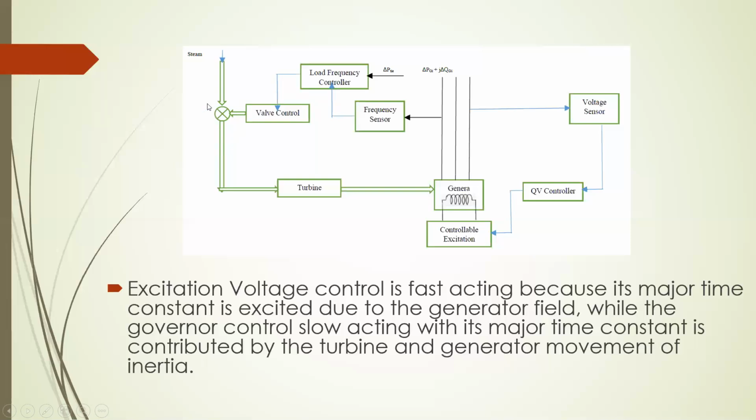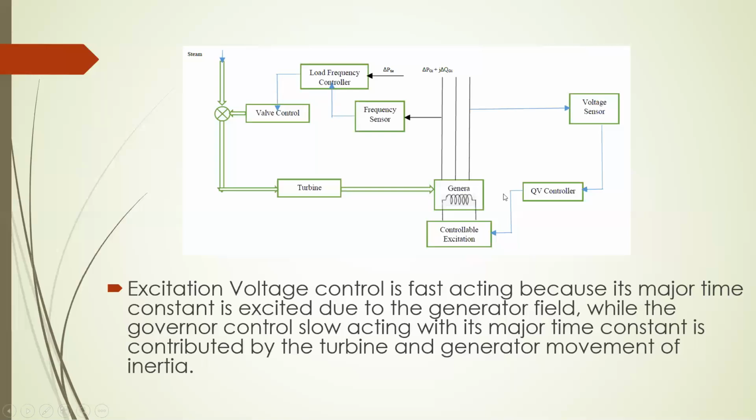Position is measured in terms of meters or centimeters. That is the reason it is converted into a distance. That information will be given to the valve, so that the valve position is automatically controlled to either increase or decrease the steam input value, right?